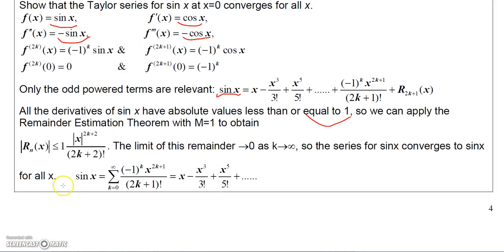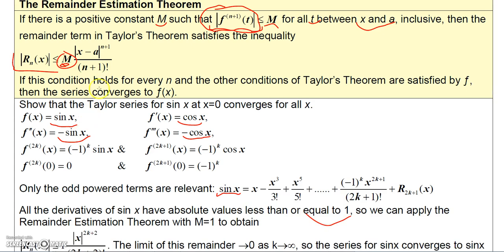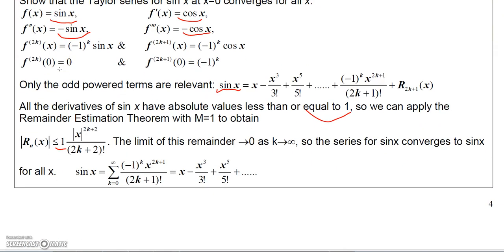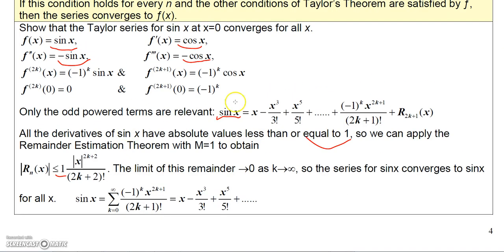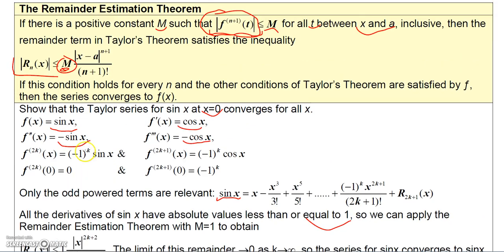Then we take the absolute value of x minus a, and here we're using x equals 0, so x minus 0 would just be the absolute value of x, and then it's got to be the (n+1)th.